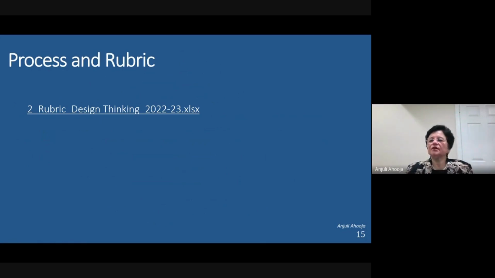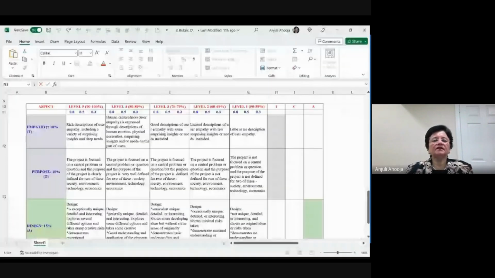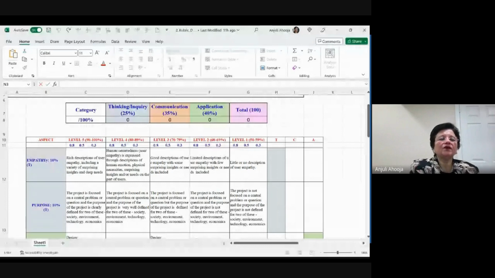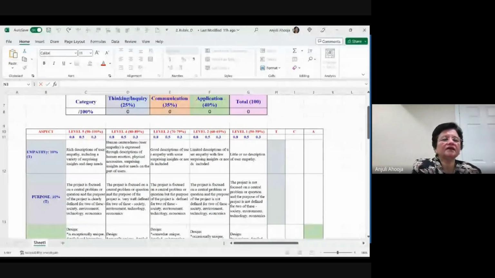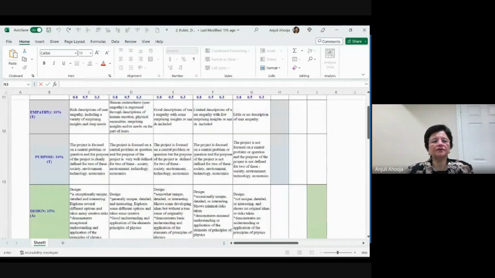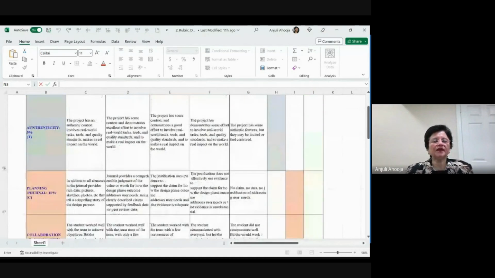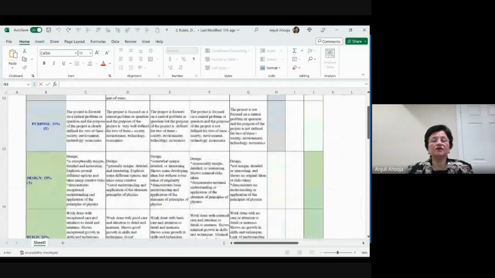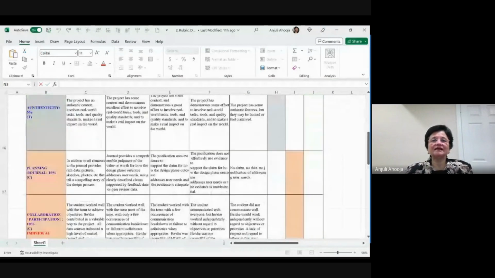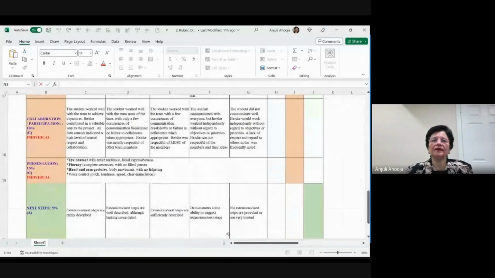So if you see this rubric here, this is the rubric that was given to them this year, but I want to share the criteria here. The first one is empathy. So when they are discussing the empathy, I sit down with them, and the first class is only devoted to that. One thing the teachers need to be careful about is when students are discussing empathy, they are actually sometimes discussing the product that they want to build.